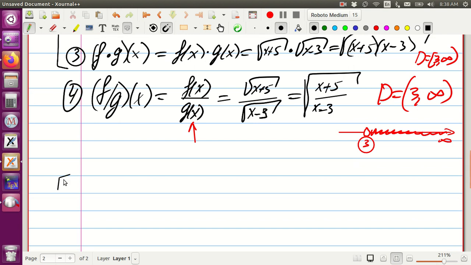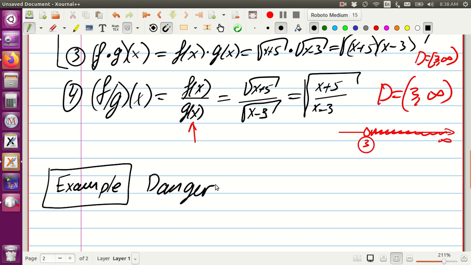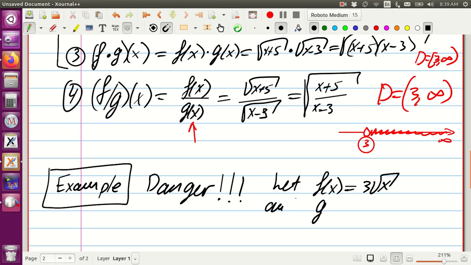In this example, we'd like to talk about the danger of this definition. The danger is hidden, so let's try to do this exercise. Let f of x be equal to 3 times the square root of x and g of x equal to 5 times the square root of x.